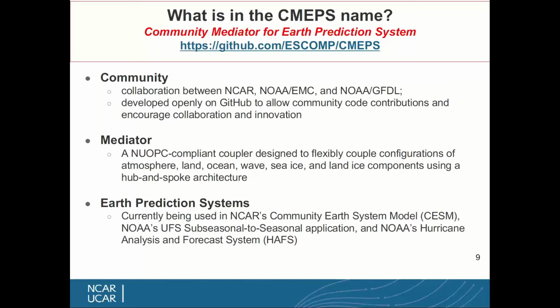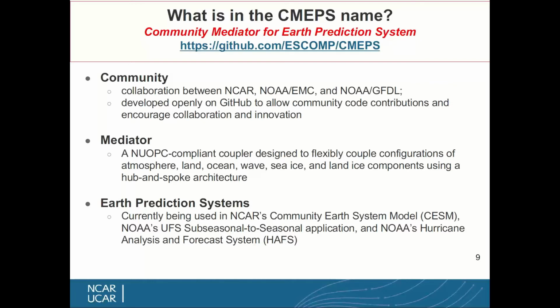And we're also working with GFDL to make sure that certain aspects of what's needed in CMEPS by GFDL can be put in there. CMEPS is developed openly on GitHub, and we encourage community code contributions. And since it's an open development, I believe it encourages collaboration as well as innovation.